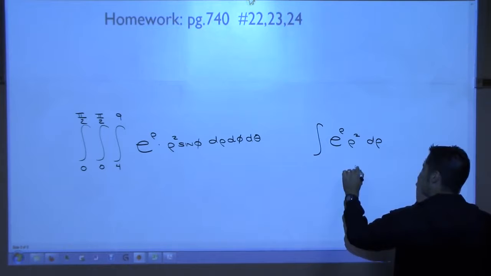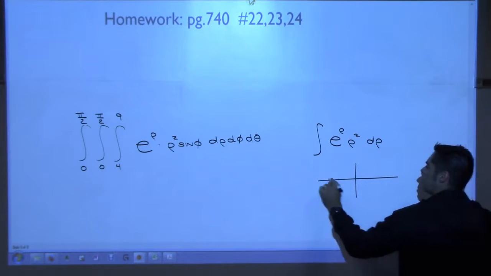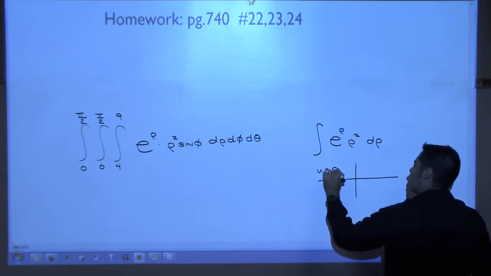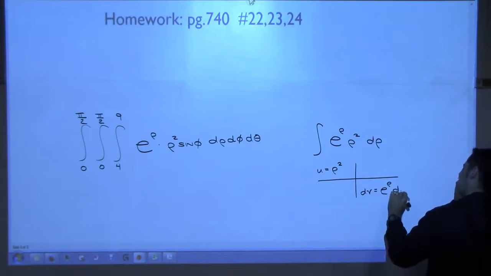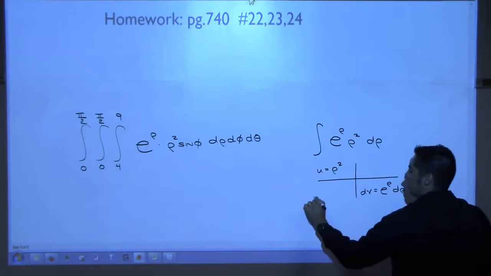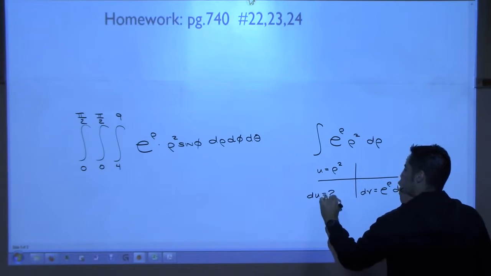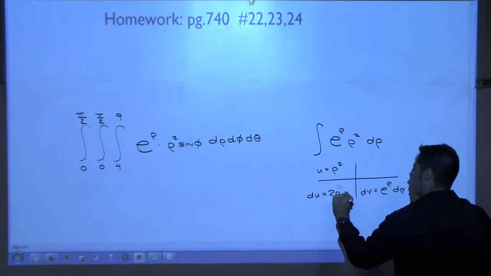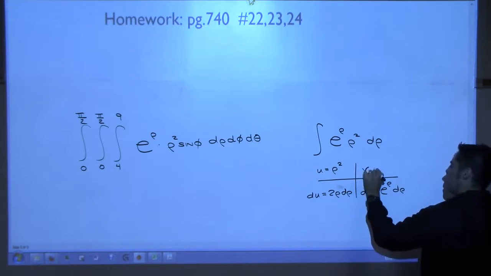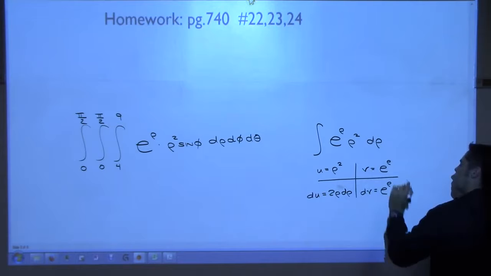What I would do is set up integration by parts. I let u be equal to rho squared. I'll let dv be equal to e to the rho d rho. And then du is 2 rho d rho, and then v would be equal to e to the rho.